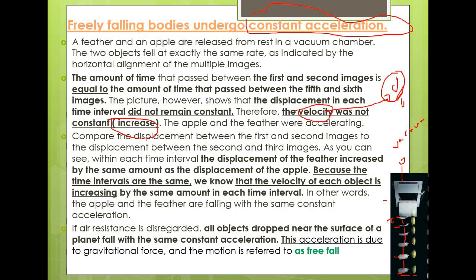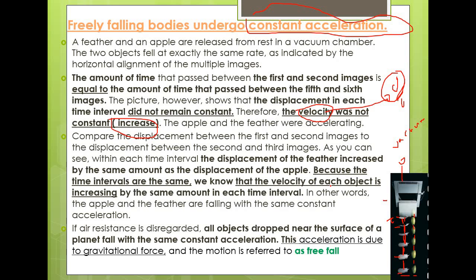Compare the displacement between the first and second image to the displacement between the second and third image. As you can see, within each time interval, the displacement of the feather increases, so the velocity increases. The displacement of the feather increases by the same amount as the displacement of the apple.